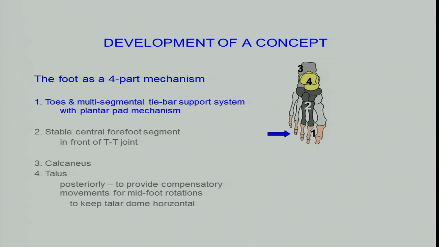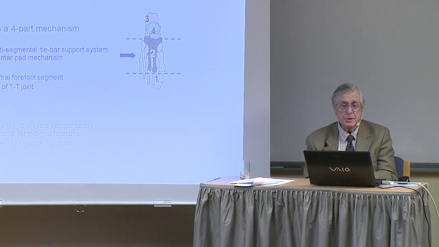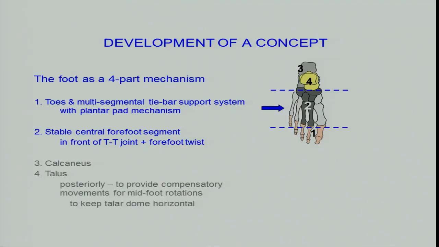The toes and the tibia system. We've got a central stable forefoot segment which can rotate and have compensatory rotations on either side. The forefoot twist.